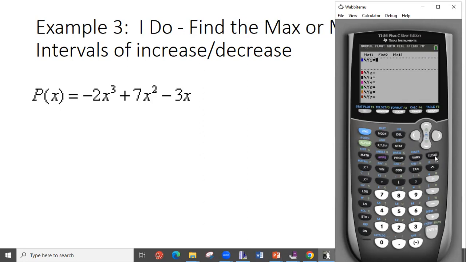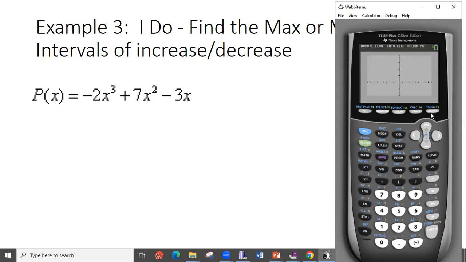I'm going to type in negative 2x to the third plus, be careful when you're putting it in, make sure you arrow over so it makes a large plus, 7x squared minus 3x. And I'm going to hit graph.